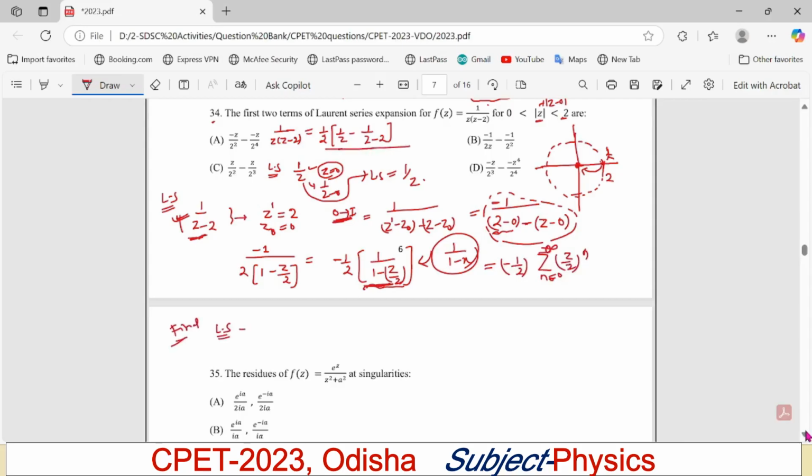We have to consider the Laurent series of 1 by z, which we found, minus the Laurent series of 1 by z minus 2, which we found. So this will be minus plus 1 by 2, summation over n equal to 0 to infinity, z by 2 to the power n.